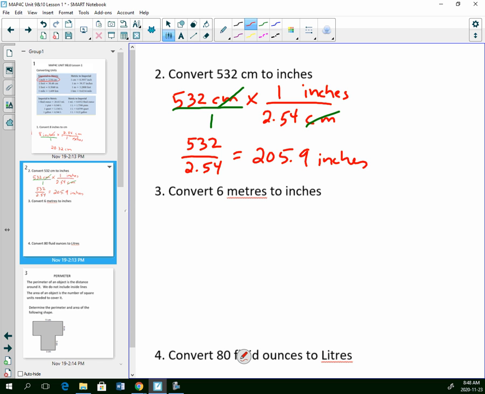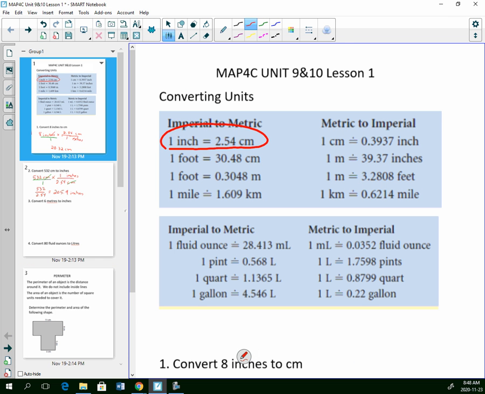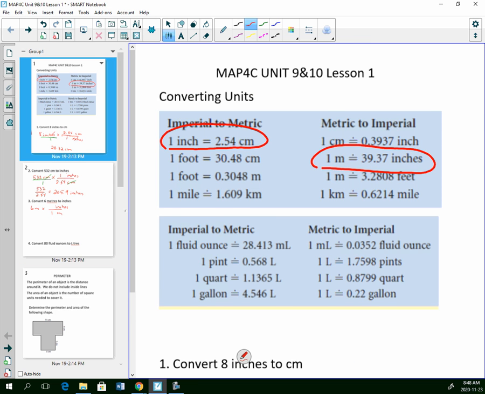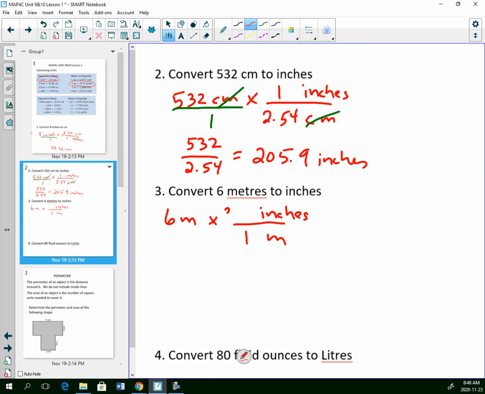Okay, some of them won't be a straight conversion. So if I look at meters to inches and I look at my conversion table, I do have meters to inches right here. I'm going to show you 2 ways to do this. So let's say we didn't have it. If we do, we'll use it. So 6 meters, I want to go from meters to inches. 1 meter equals 39.37 inches.